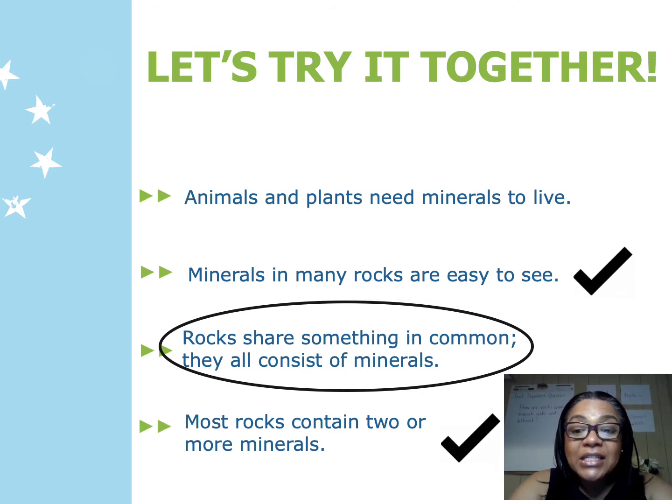The second sentence reads, minerals in many rocks are easy to see. That certainly does connect to our topic sentence that rocks share something in common. They all consist of minerals. And the last sentence also connects to our topic sentence because it says most rocks contain 2 or more minerals.